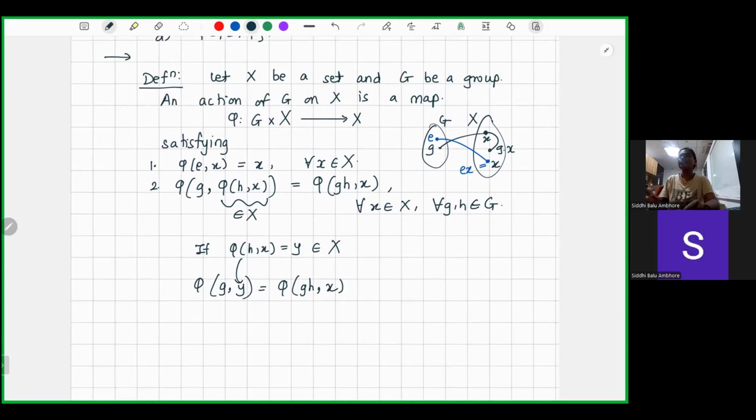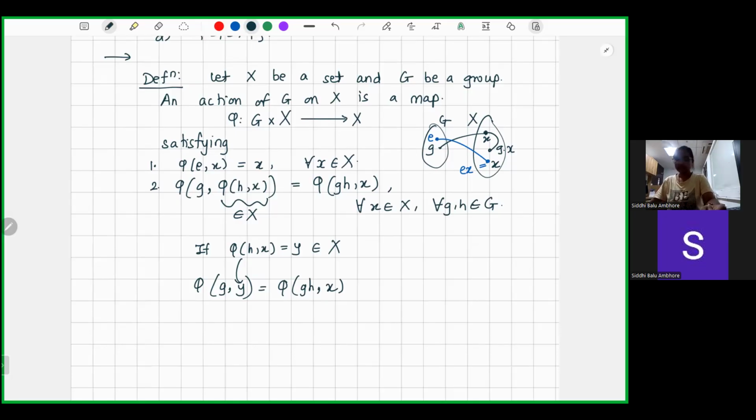There are many ways of defining an action on a given set, and we will see some examples where the same set G and same set X are used, but the way G acts on X changes. So whenever we answer questions related to group action, please make sure you properly understand what action they are talking about.